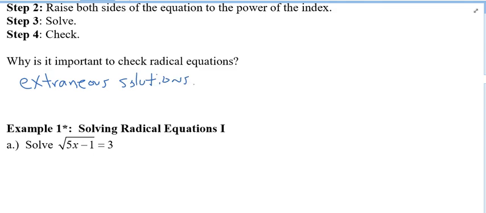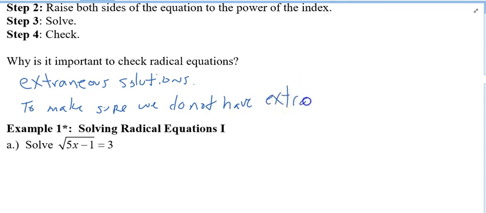So why is it important to check for radical equations? To make sure we do not have extraneous solutions.